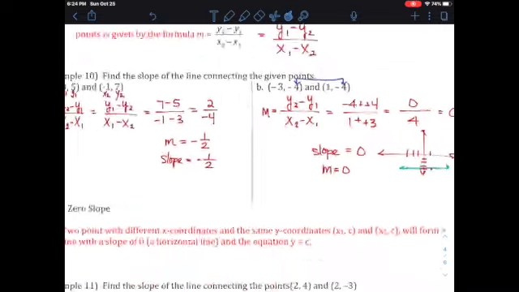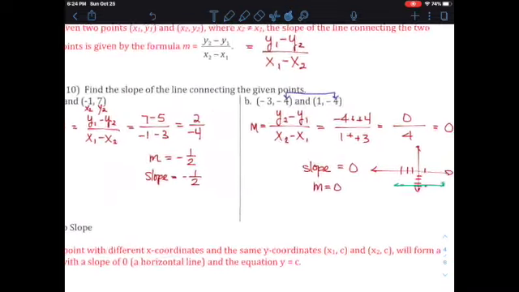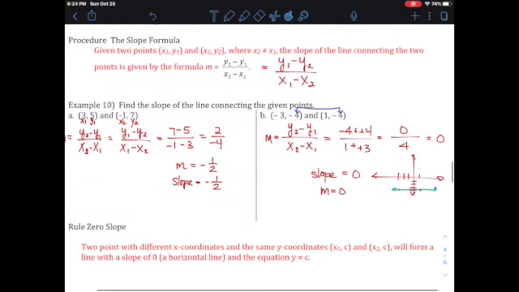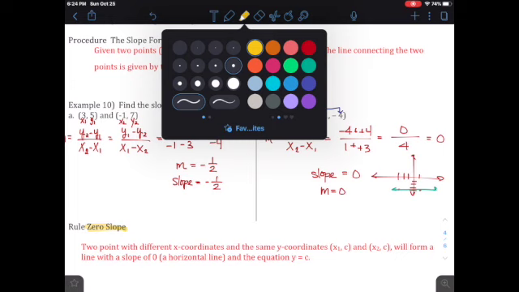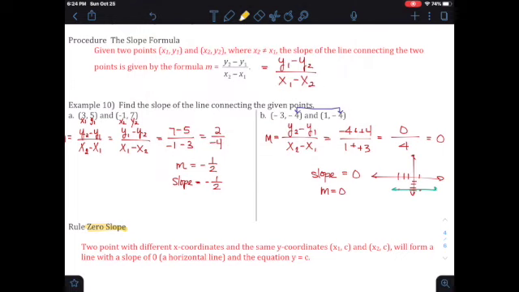And then down at the bottom, I summarized it for you. Rule of 0 slope: two points with different x coordinates and the same y coordinates will form a line with a slope of 0.